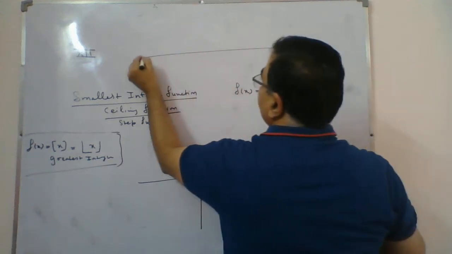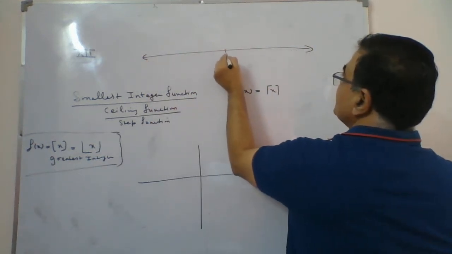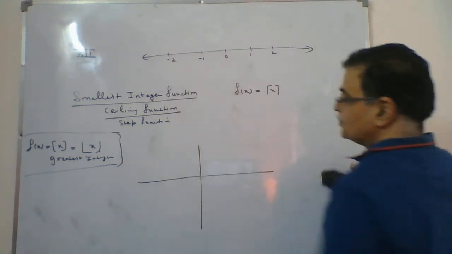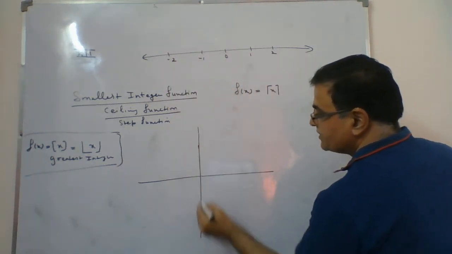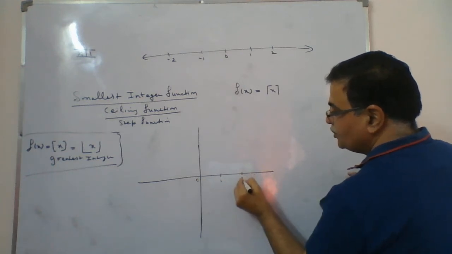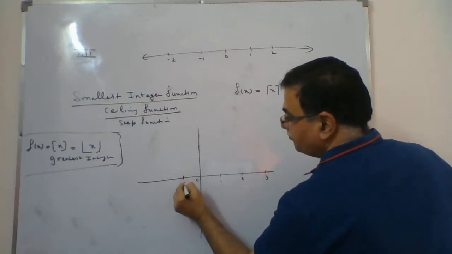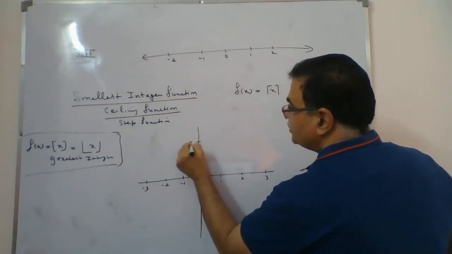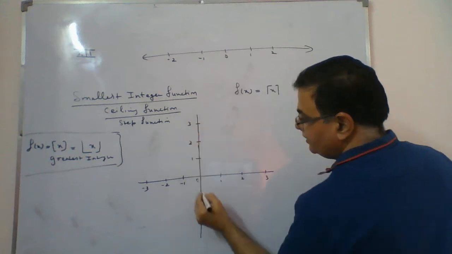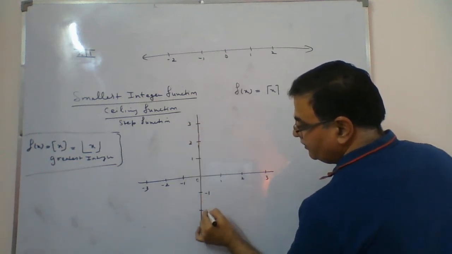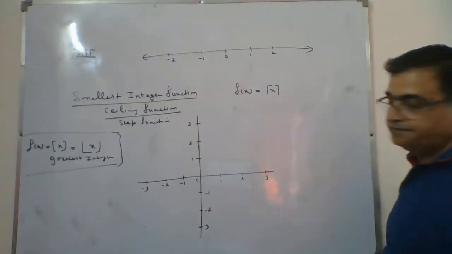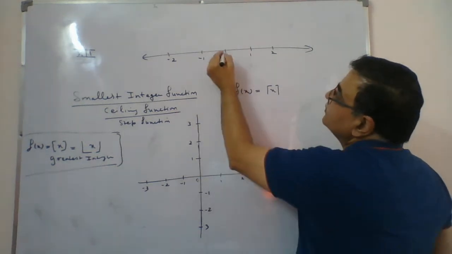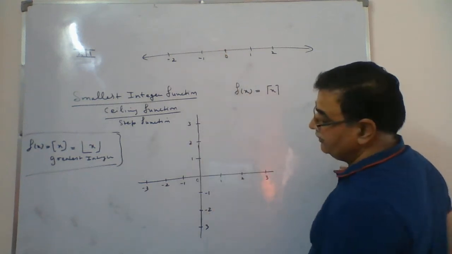This is your number line: 0, 1, 2, 3, minus 1, minus 2, minus 3. When you think about 0, when you take 0, is 0 the answer?